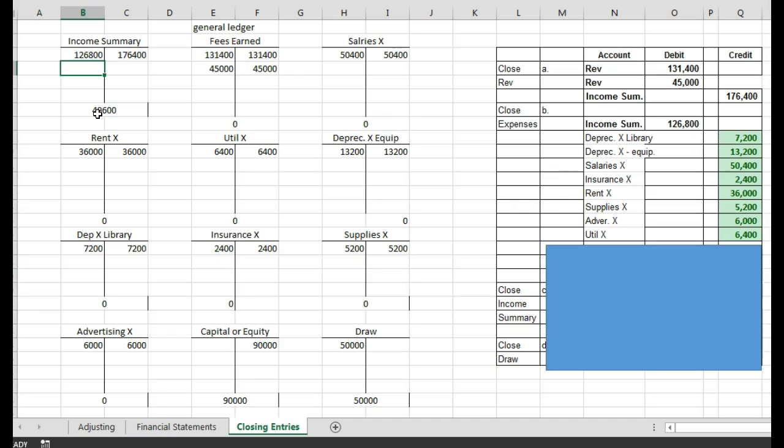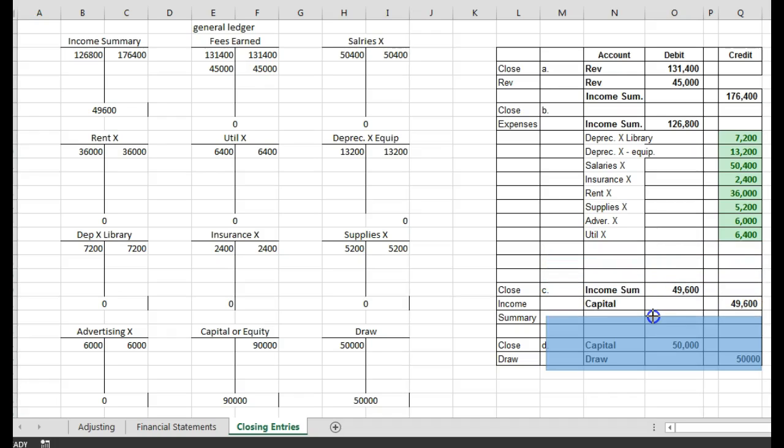That's your net income, right? Net income was added to the capital account. So now I have to close that income summary. I remember I want it to be 0. We're going to debit this account for $49,600. That gets that to 0.